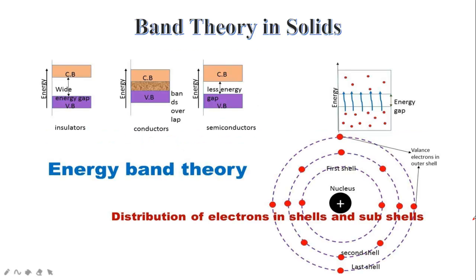So yes, we'll start with the energy band theory, and you can see a diagram on the right side. This is the distribution of electrons in shells and subshells. This is the nucleus. These are the shells: the first shell, second shell, and third shell.